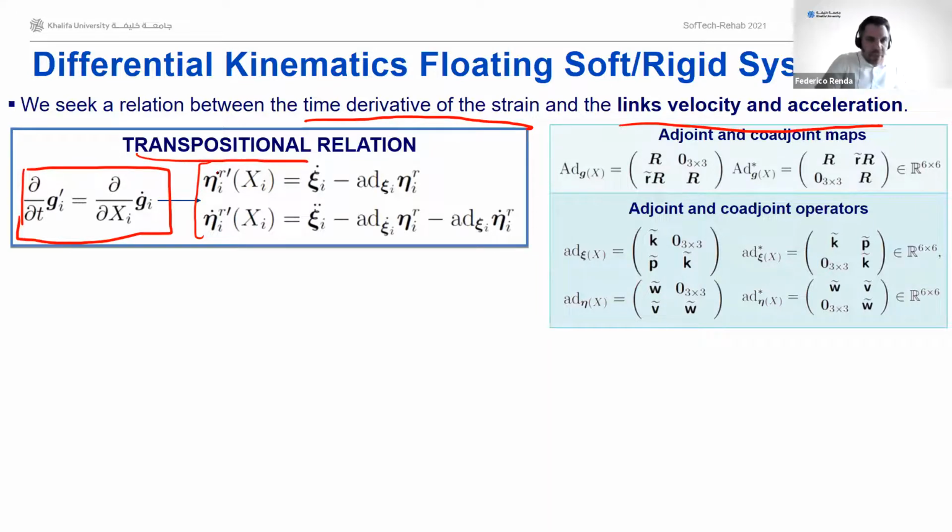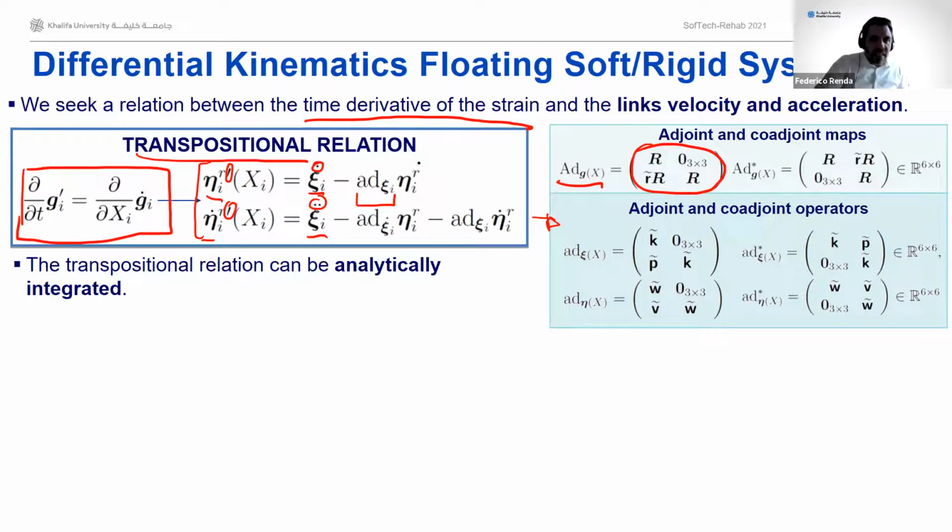Those are very, very important because they relate relative velocity and relative acceleration, their derivative with respect to space, with the derivative with respect to time of the strains, plus other terms that involve the use of other SE(3) operators reported here for completeness. You can imagine this operator more or less as the derivative of the big ad that we introduced before.